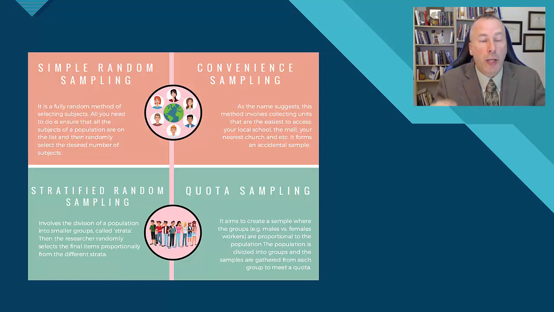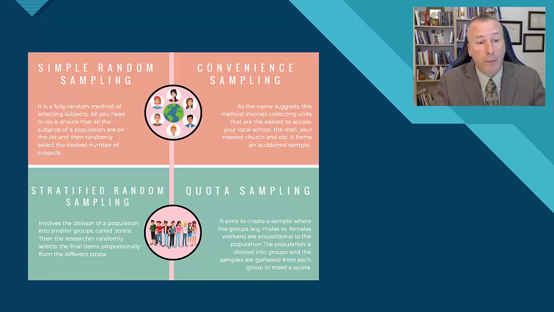And you just want to ensure that each of the subjects has an equal chance of becoming part of that sample. Convenience sampling, I already mentioned that. Maybe it's your local school, the mall, a certain characteristic of yourself, for instance. It may be a certain race, and you have access to other individuals within that race or that particular culture.